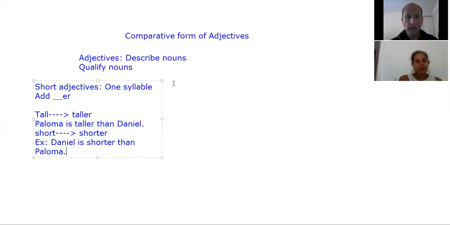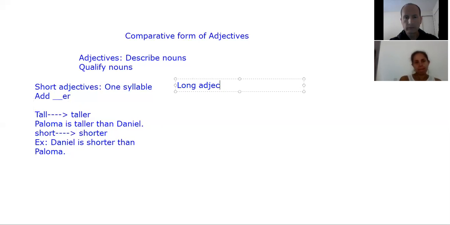Now let's go to the second case. The second case is long adjectives, that means adjectives that have two or more syllables.